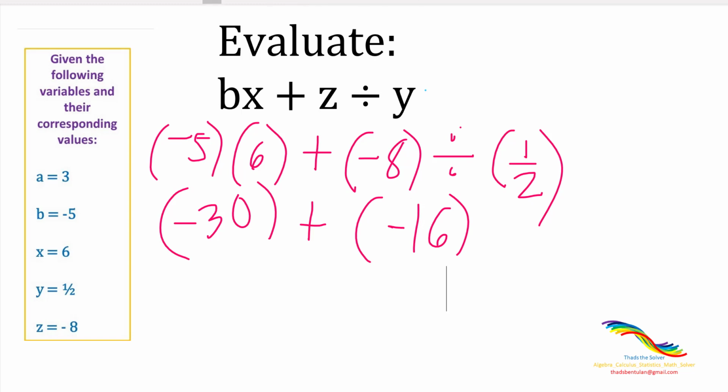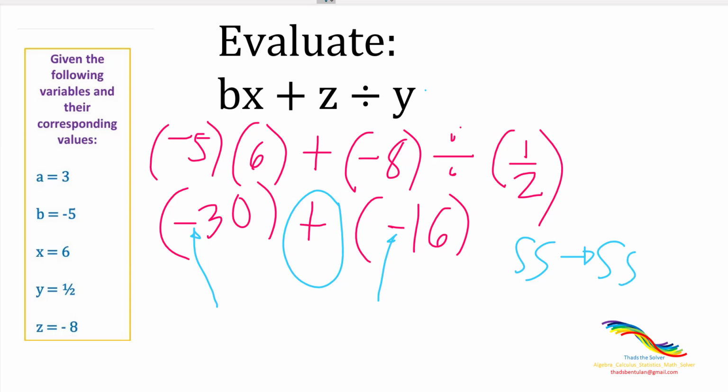So now we are left with an addition of two numbers which have the same signs. Our rule for addition of two numbers which have the same signs is SS, same signs. You take the sum of the two numbers and you adopt the sign of the two numbers.